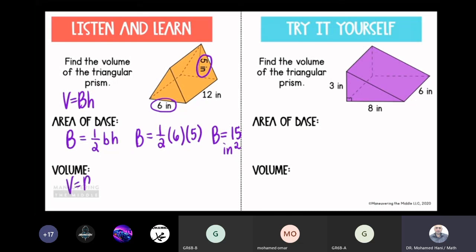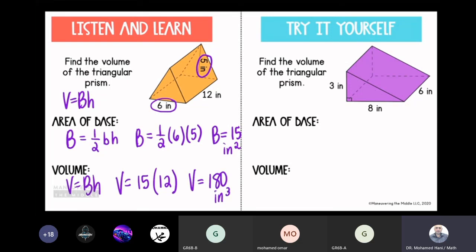So we're going to go back to our original formula. And now we can go ahead and say the area of the base is represented by 15 inches squared, and the height of our prism is 12. When I solve that, I find that the volume of the triangular prism is 180 inches cubed.